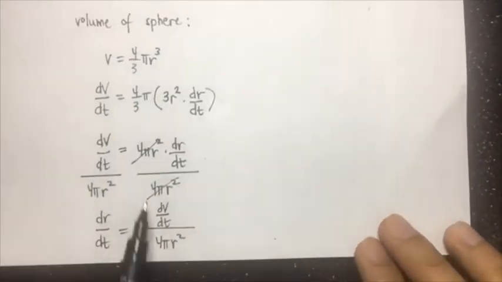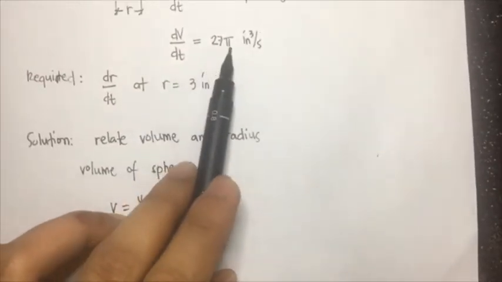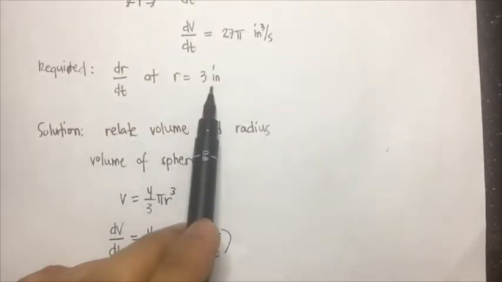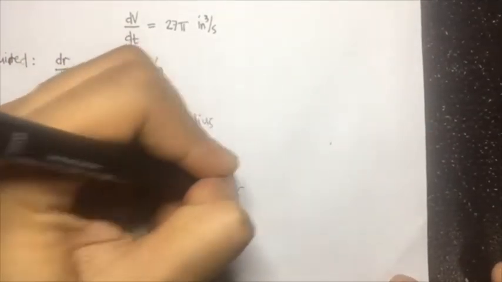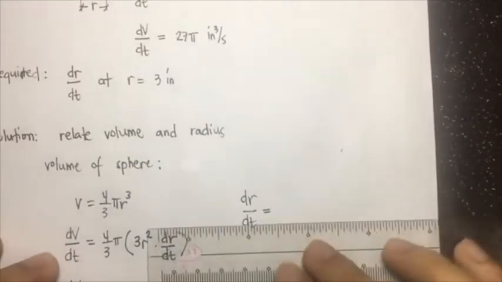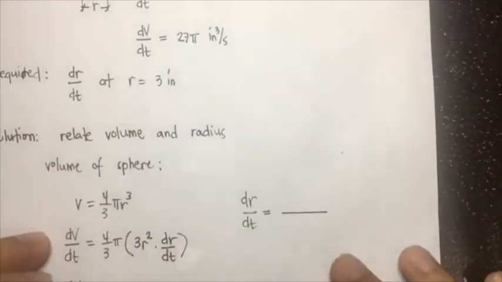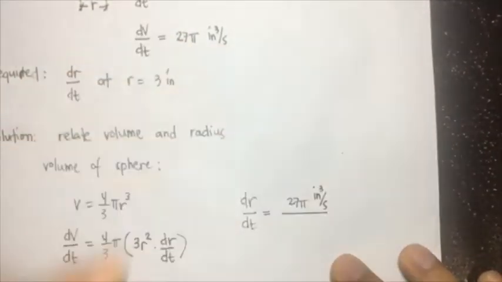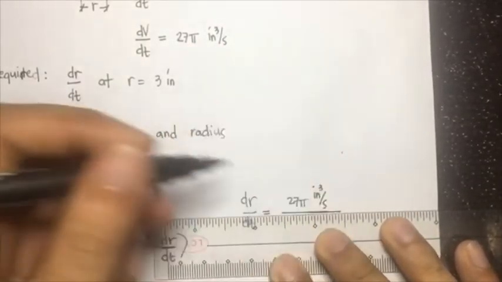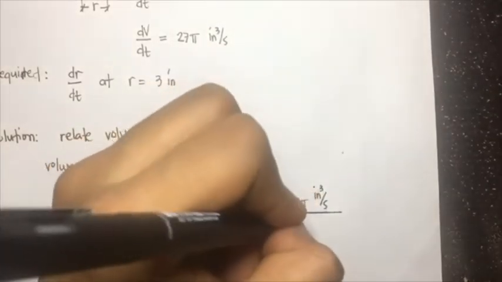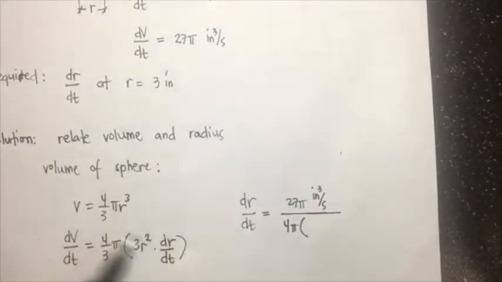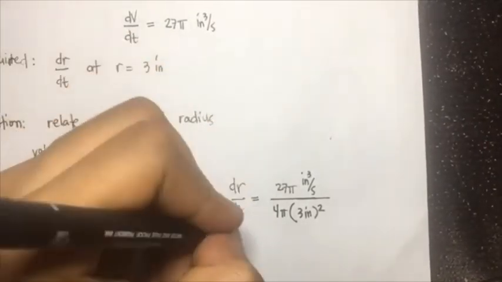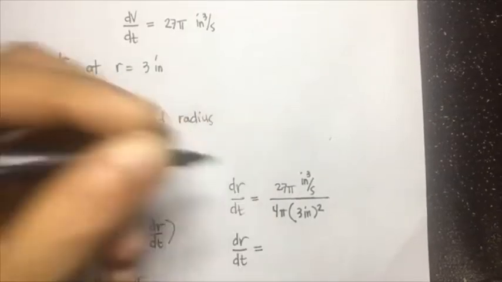Substituting our dV over dt, which is 27 pi cubic inches per second, and our r, which is 3 inches, we have dr over dt equal to 27 pi cubic inches per second over 4 pi times 3 inches, squared.